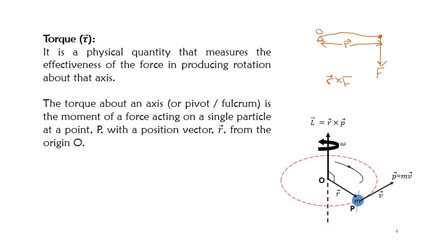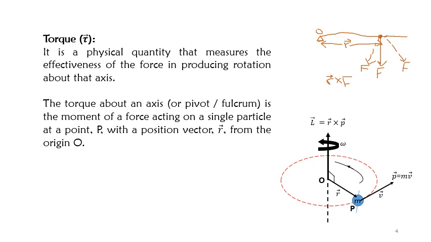And like I said, the effectiveness of torque is a function of the angle at which the force is acting on the object. For example, the force may act like this. If it's acting like this, the torque will not be as effective. The force will not be as effective as when it is perpendicular. But when you push it like this, it also will not be as effective.